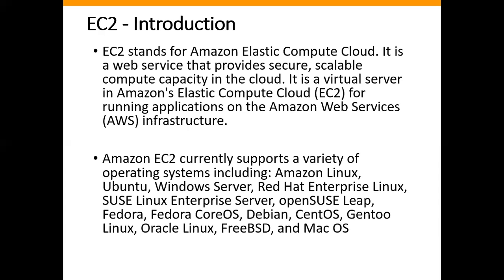They have a huge list: Amazon Linux, Ubuntu, Windows, Red Hat, Debian, CentOS, Mac, Oracle Linux, a big list. They have their own Linux-based operating system also. With the help of their own operating system also, we can create an Amazon EC2 machine.